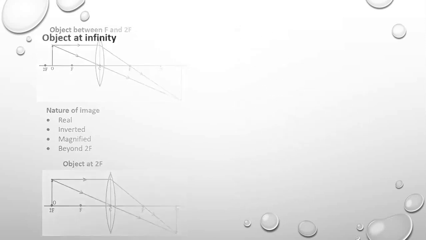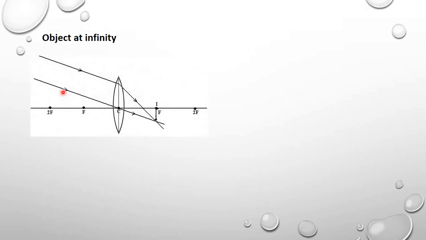Let us look at when the object is at infinity. If the object is at infinity, we shall draw rays from infinity. So let's draw two parallel rays from infinity. This time round, this ray is not parallel to the principal axis. It will undergo refraction and converge.